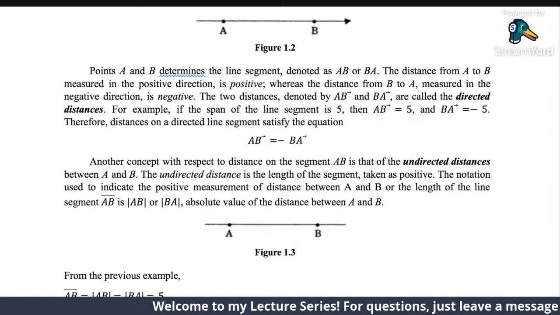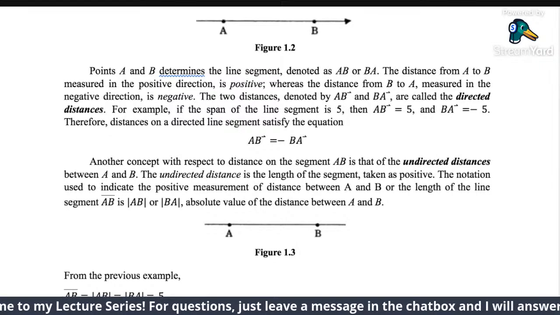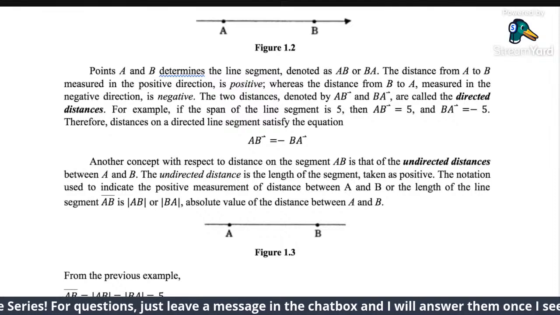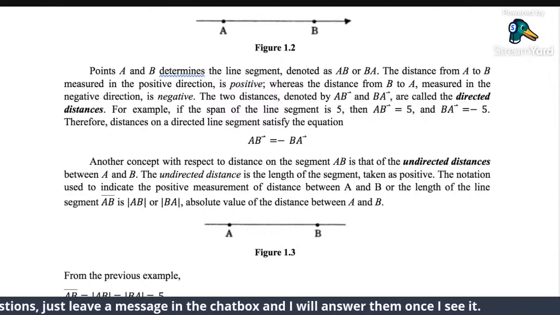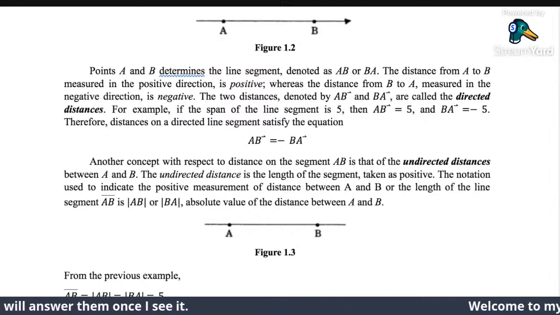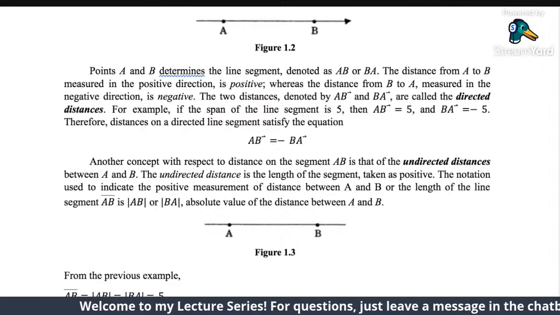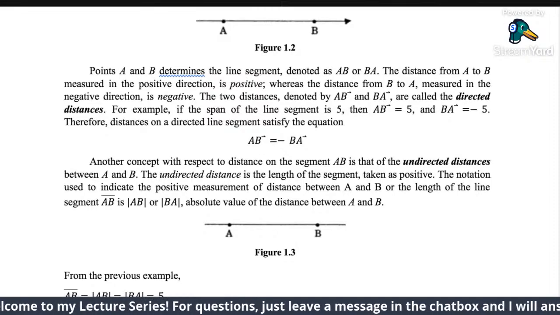However, if it's BA, meaning the arrow goes to the left, the directed distance is negative 5. Therefore, the distance on a directed line segment satisfies the equation AB equals negative BA.